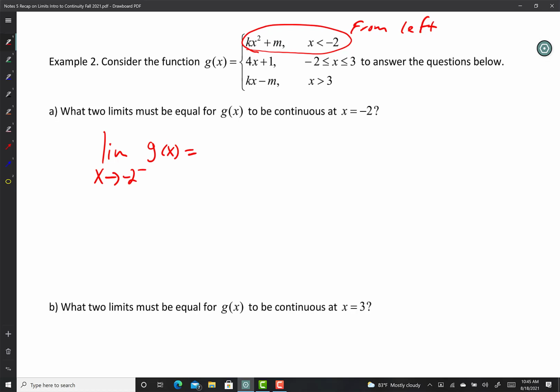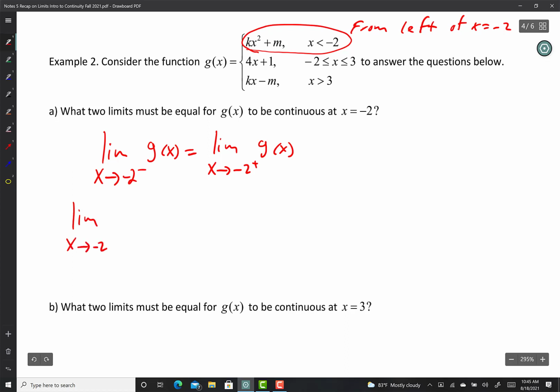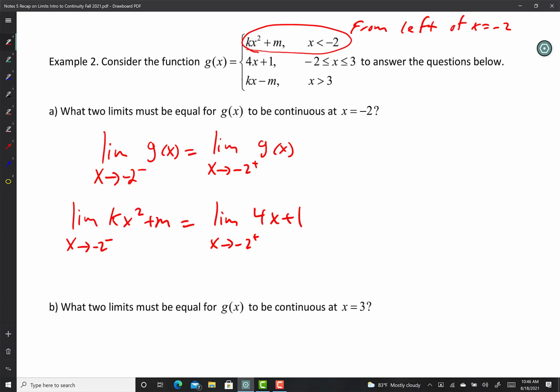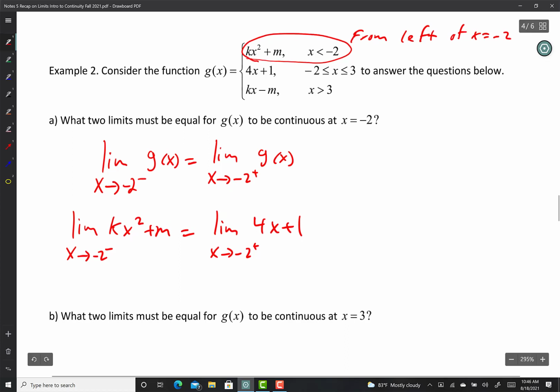And that must equal the limit from the right of that same function. So if we're being specific, I must have the limit as x approaches negative 2 from the left of kx squared plus m equal to the limit as x approaches negative 2 from the right of 4x plus 1. Does that make sense? And of course, this also has to equal g of negative 2, which equals 4x plus 1.